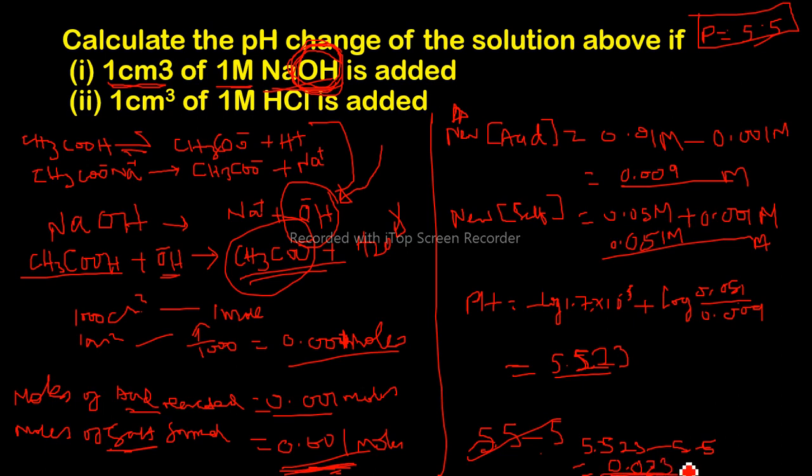Don't put units. So the pH changed by about 0.023. As simple as that.